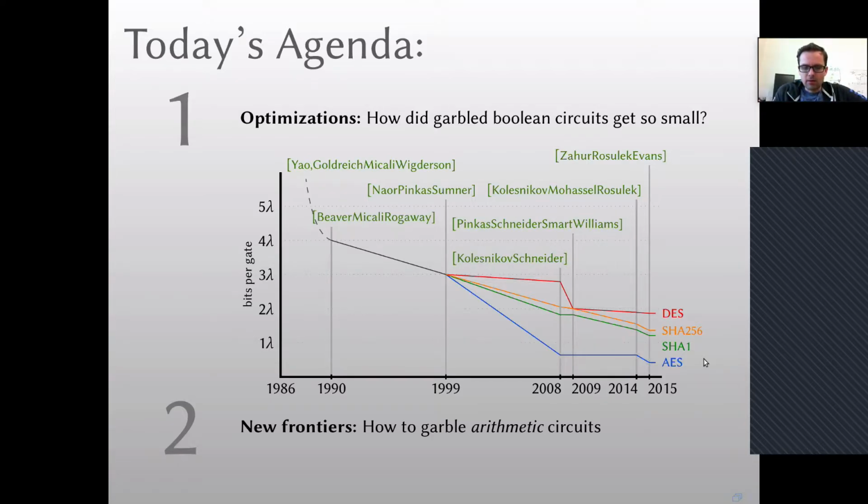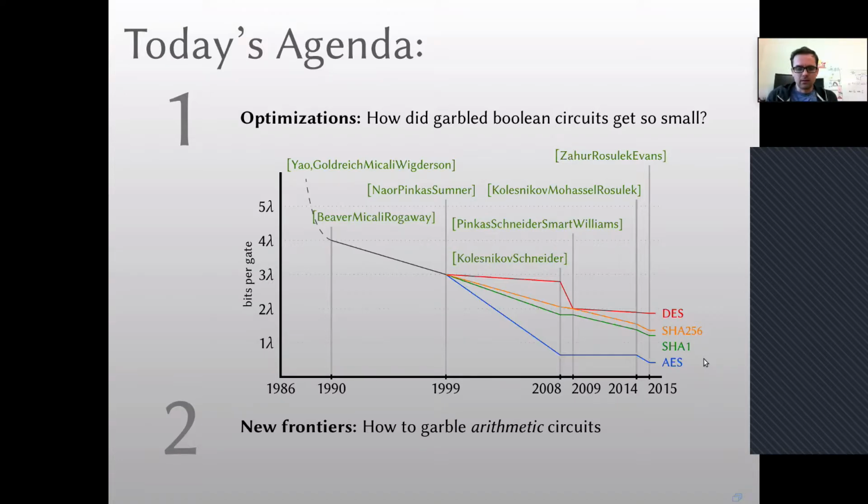But this is all talking about Boolean circuits. Even in that first slide, the example that I showed was a Boolean circuit, and that makes sense because Boolean circuits have gates with the smallest truth table, and we're really encrypting the truth table. So Boolean circuits make sense, but another natural way to express a computation is arithmetic circuits.